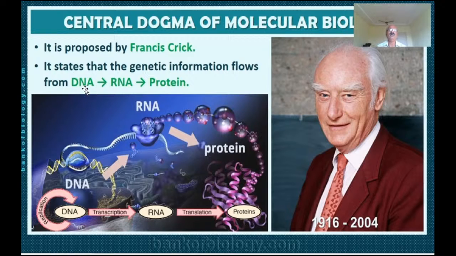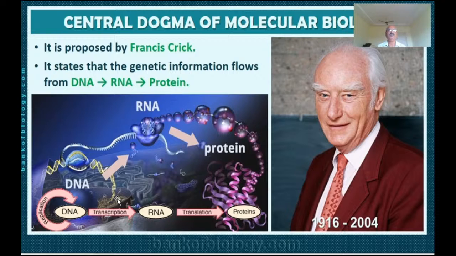Actually, the protein is synthesized in ribosome. So, DNA sends what type of protein is required, that information is sent through mRNA. According to the information of mRNA, protein will be synthesized in ribosome.